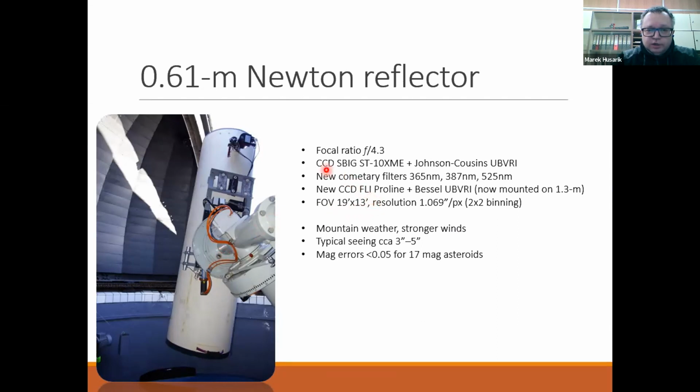We use the CCD SBIG ST10 with Johnson-Cousins UBVR filters. This is the field of view, and typical seeing is about 3 to 5 arc seconds.